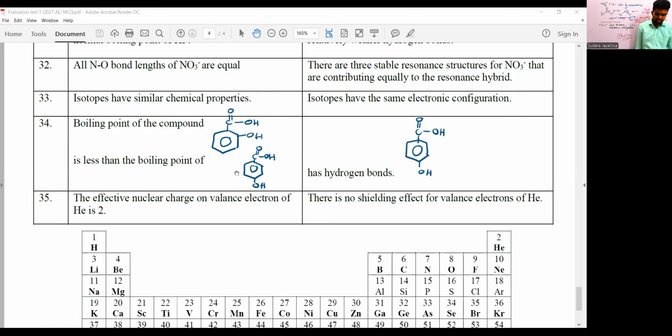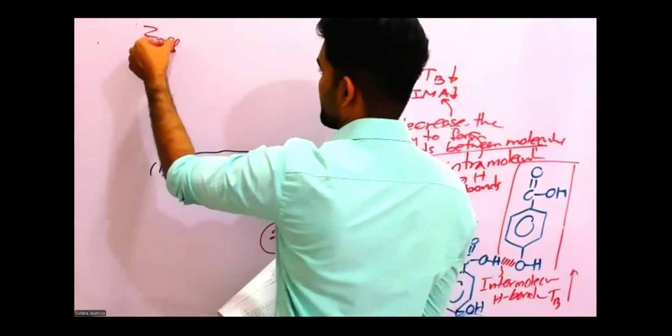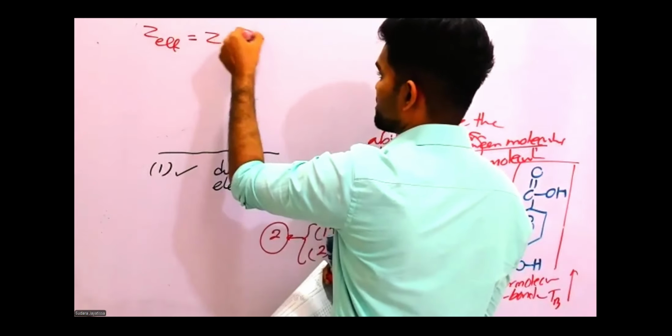The effective nuclear charge on the valence electron of helium is 2. That is wrong. Effective nuclear charge is expressed by this equation: Zeff equals Z minus sigma.